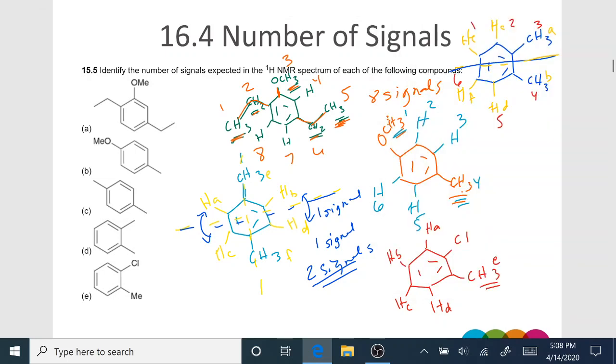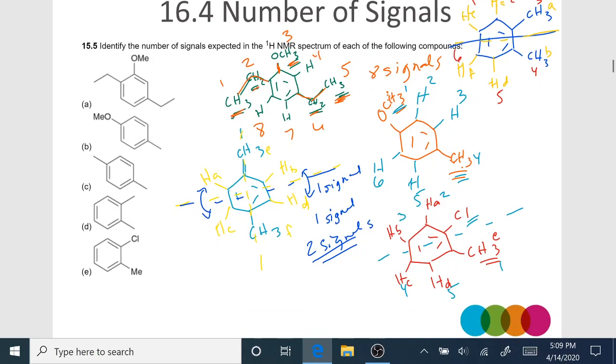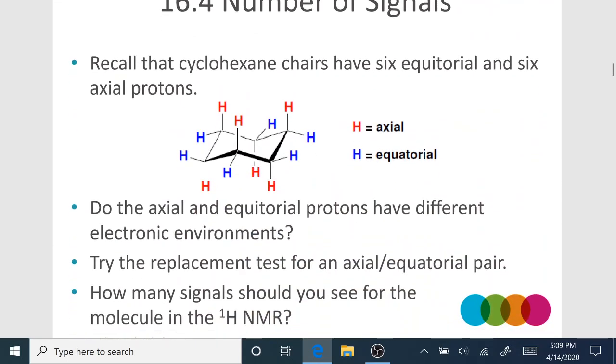Now, the methyls are equivalent to each other, so that's one signal. Okay, but do we have a plane of symmetry here? No, we don't, because this methyl is not going to reflect onto that chlorine and give us the same thing. So A, B, C, and D are all different. So that's 2, 3, 4, and 5. Of course, we don't get a signal for the chlorine because this is not chlorine NMR. This is proton NMR.